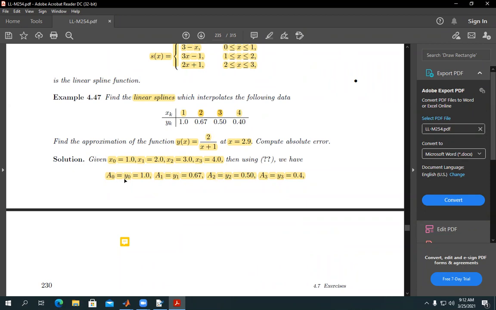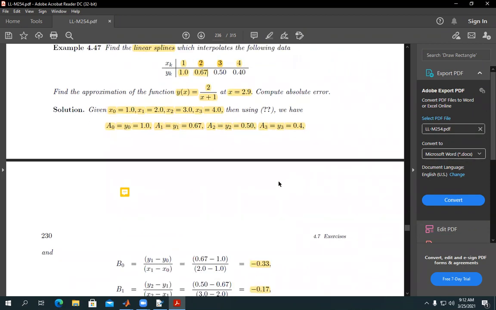What is f(x0) given? f(x0) is given as 1. And a1 is f(x1), which is given. And f(x2) is given as 2.5. And a3 means f(x3), where x3 is equal to 4 here. So this is how we have the a values.